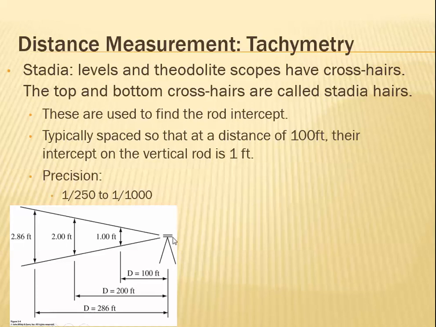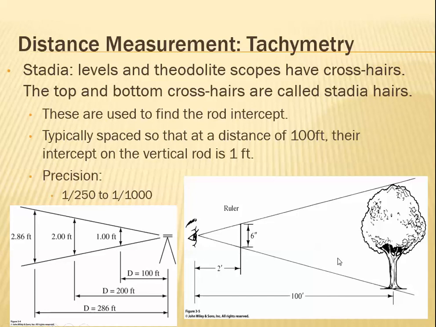So the way this is designed is that if you see a 1 foot difference between the top crosshair and the bottom crosshair, that means that you are 100 feet from the thing you're measuring. If you have 2 between the top crosshair and the bottom crosshair, this means it's 200 feet, and so forth. So you just multiply this number times 100, and it's a lot more precise than pacing or the odometer reading.